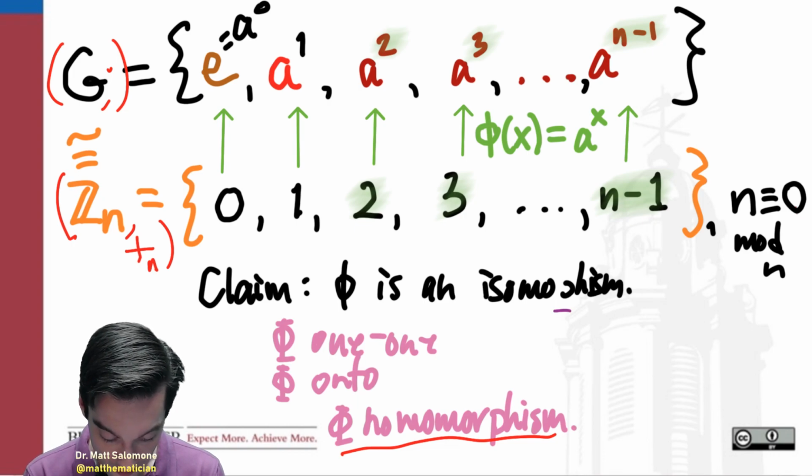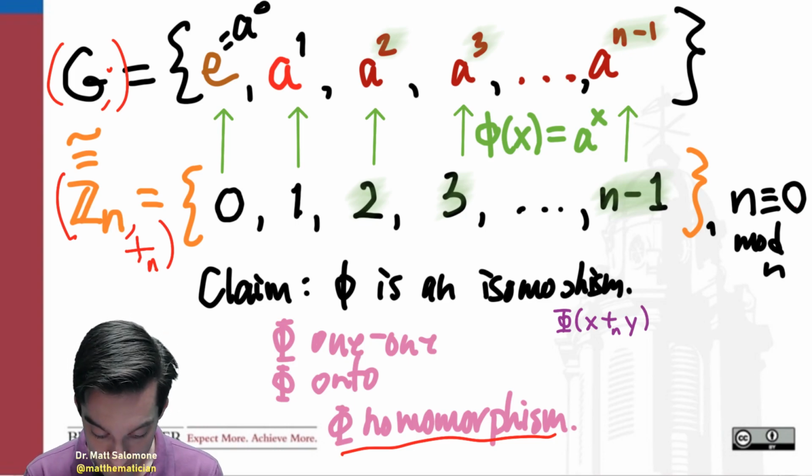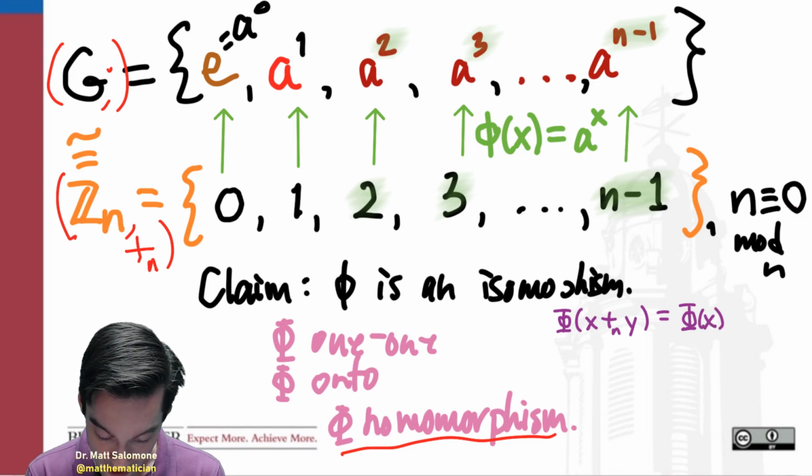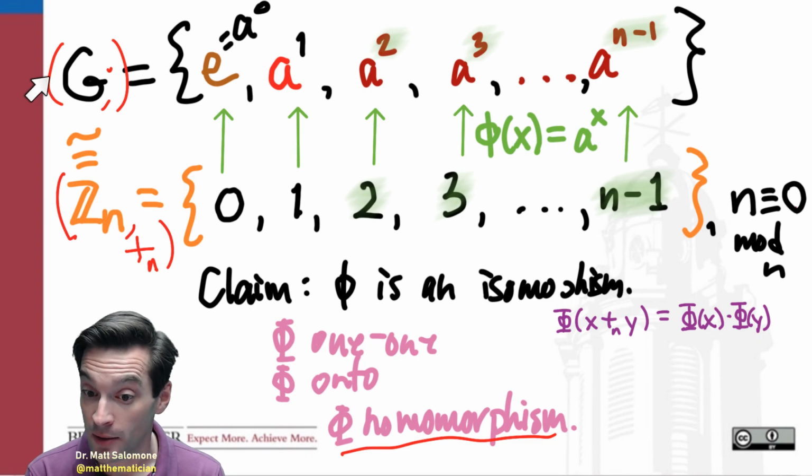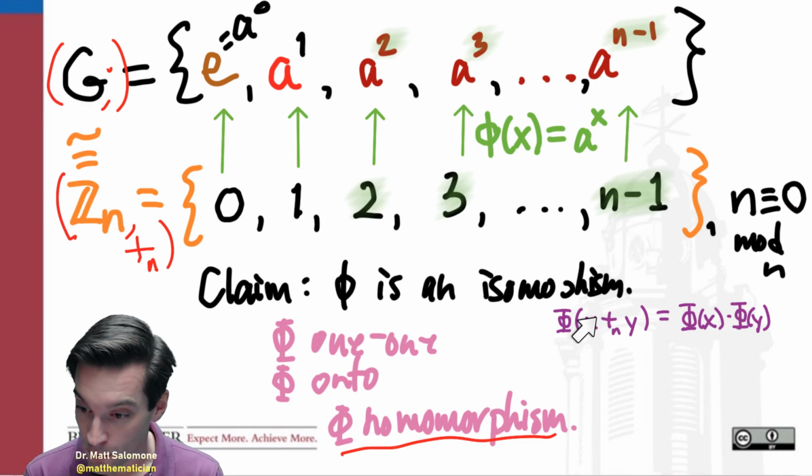Our burden of proof is to show that if you give me two elements of Zn, call them x and y, and I apply the operation of my group, x added to y mod n, the result is going to be phi of x and phi of y multiplied together, multiplication meaning the operation of my abstract group G. So this is the rendition of the homomorphism property for these two groups.